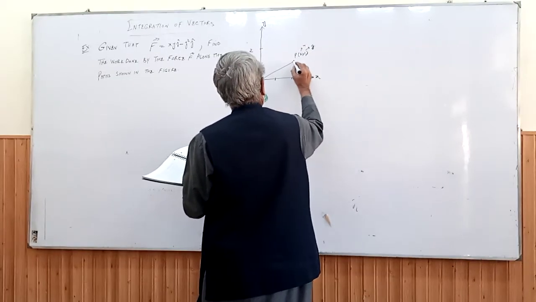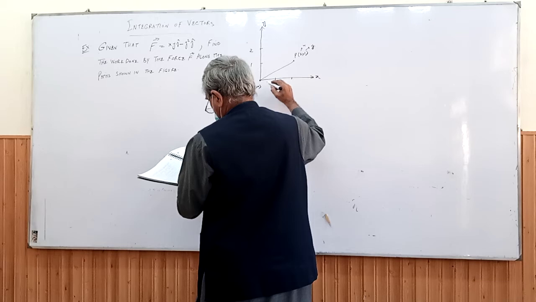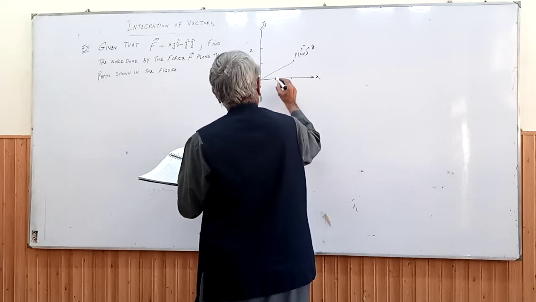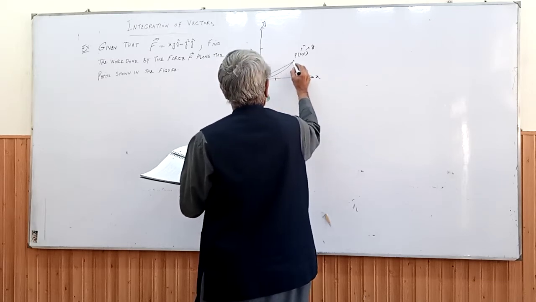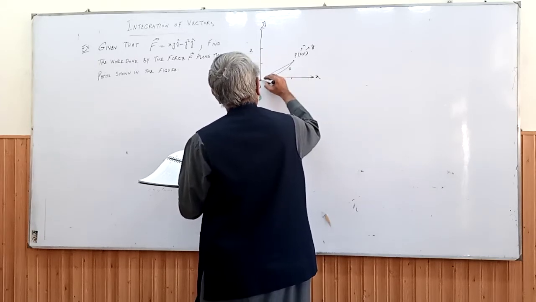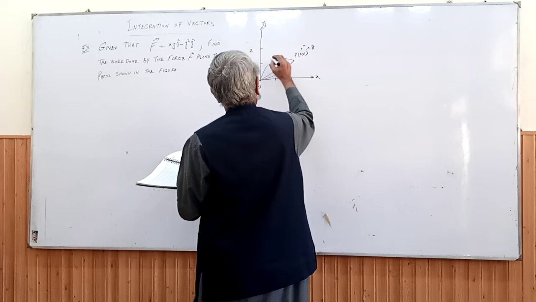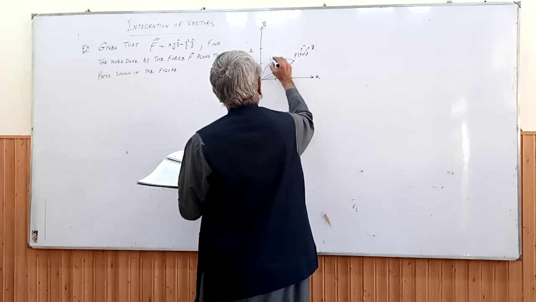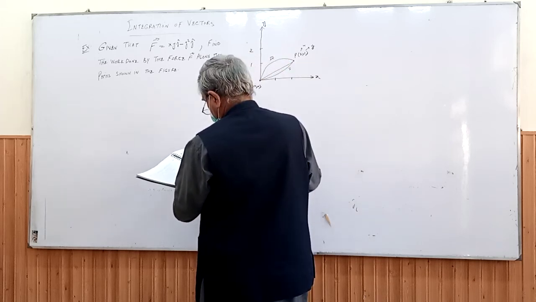First along the straight line, second along this parabolic path, and again this parabolic path. There are 3 paths. Okay?